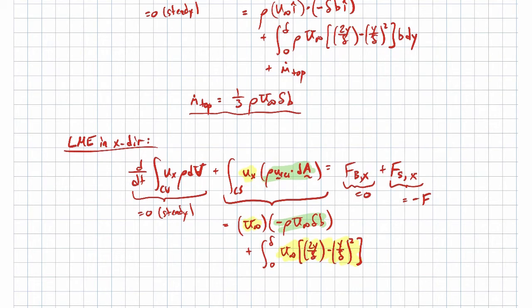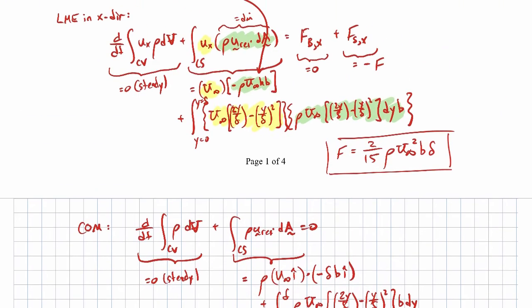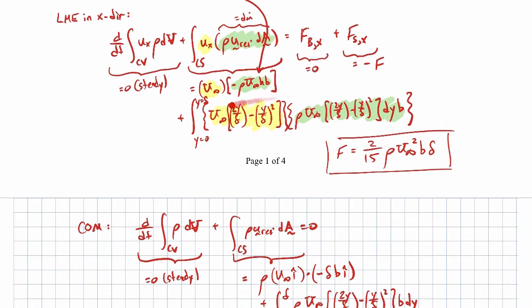And then we have our mass flow rate term, which we've evaluated before. So that term, hopefully I've written it all correctly, is our mass flow rate term. And again, we've already solved for this one previously. That was the same as what we have right up here.